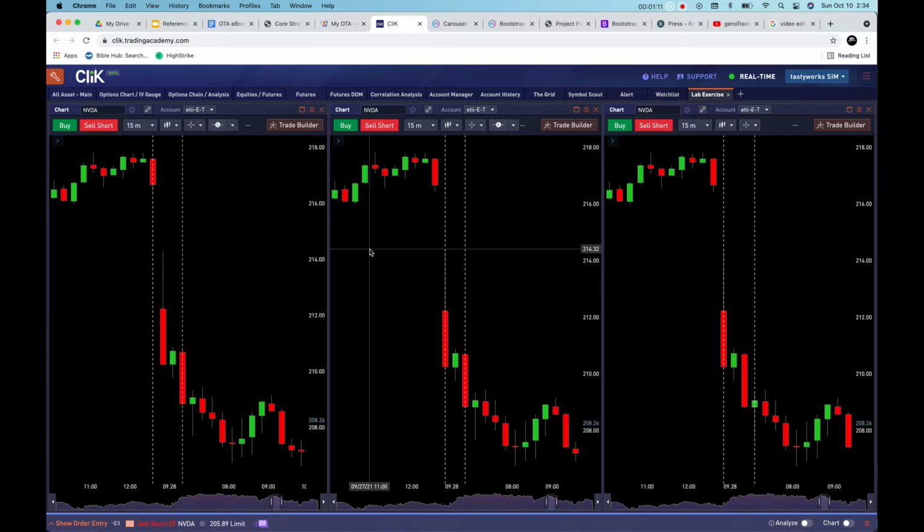All right, so just to recap, see if you can identify which chart has identified the leg in and leg out correctly, as well as name the formation. And then after that, you'll see if you can identify which chart has correctly identified the supply zone. All right, so go ahead and pause the video, and then I will display the correct answer.